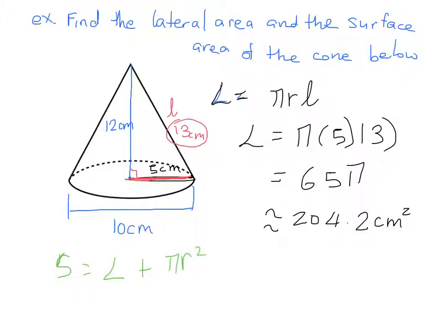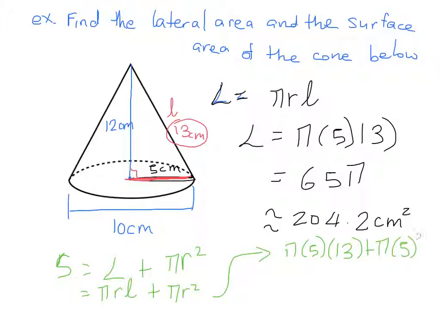So I'll do the whole thing again, just so you get used to seeing it. So pi RL plus pi r squared. Pi RL, as we know, is pi times 5 times 13, plus pi times 5 squared.